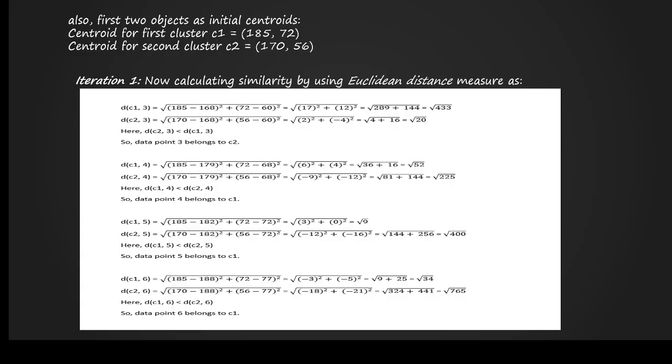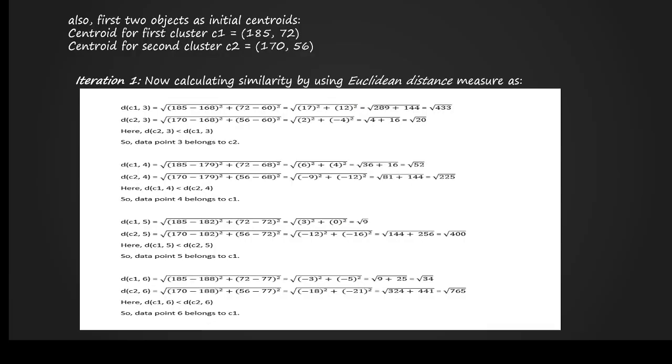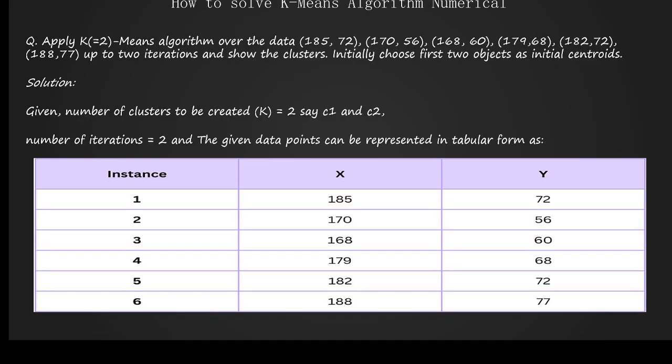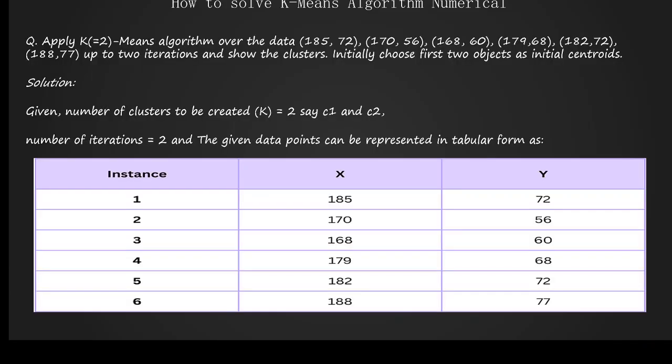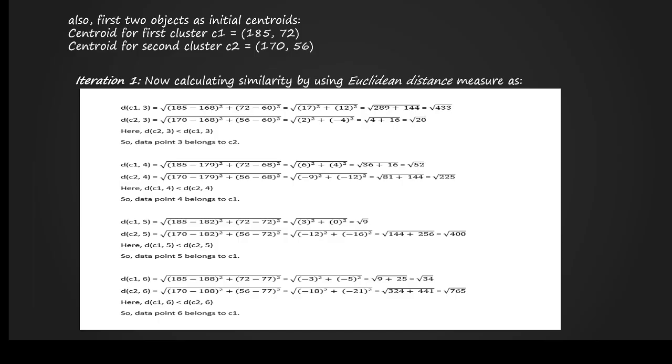The first cluster C1 will be 185, 72 and the second C2 will be 172, 56, right? Now we will find the similarity by using the Euclidean distance measure.